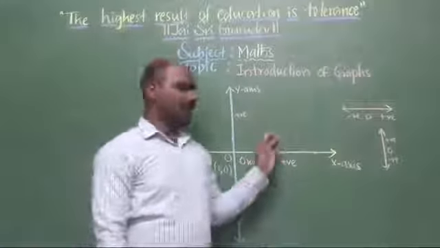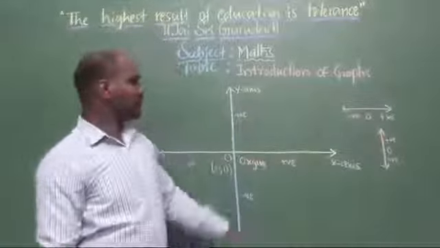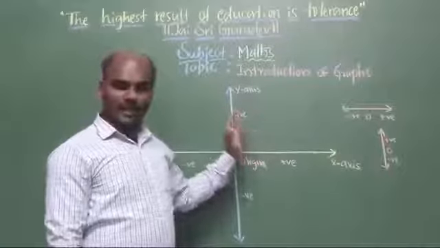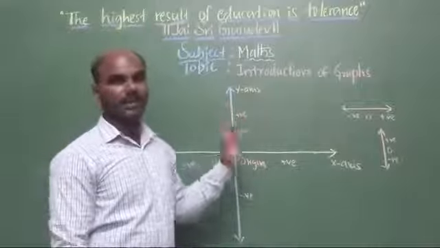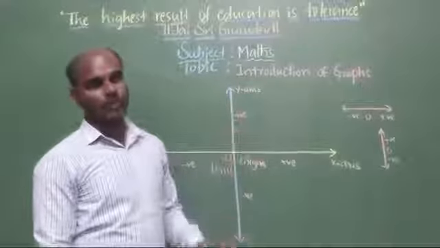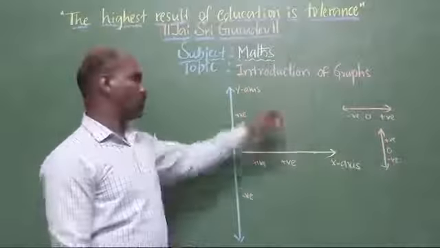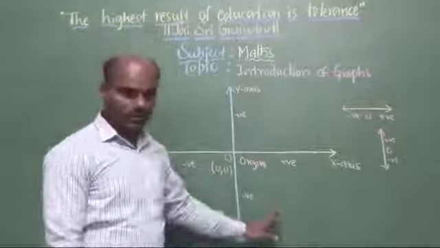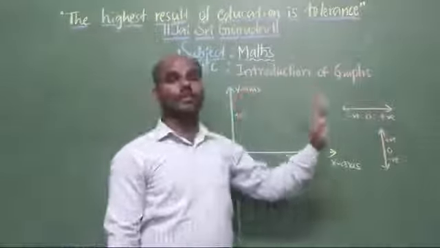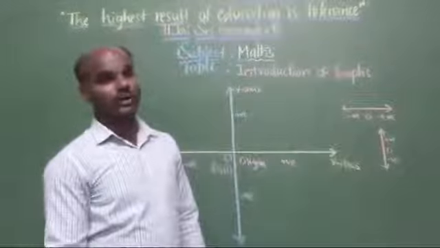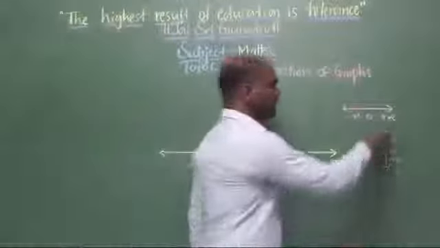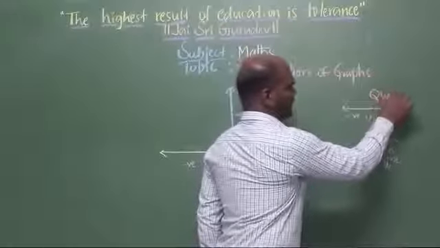So after taking the x-axis and y-axis, the surface plane can be divided into how many parts, children? 4 parts. Yes or no, children? So the 4 equal parts can be called quadrants. What can we call them, children? Quadrants.